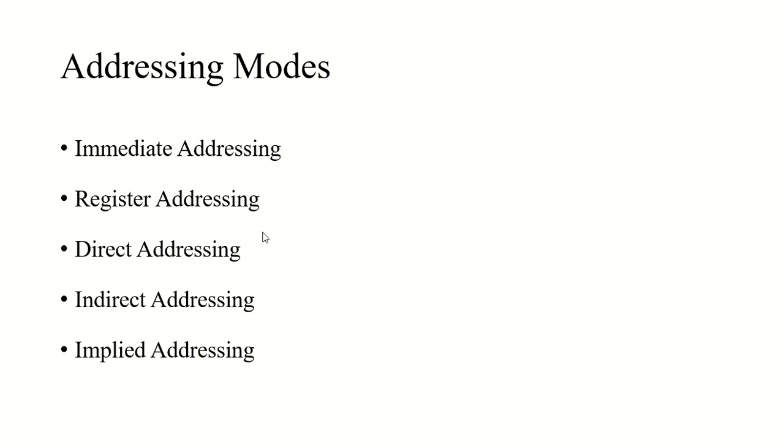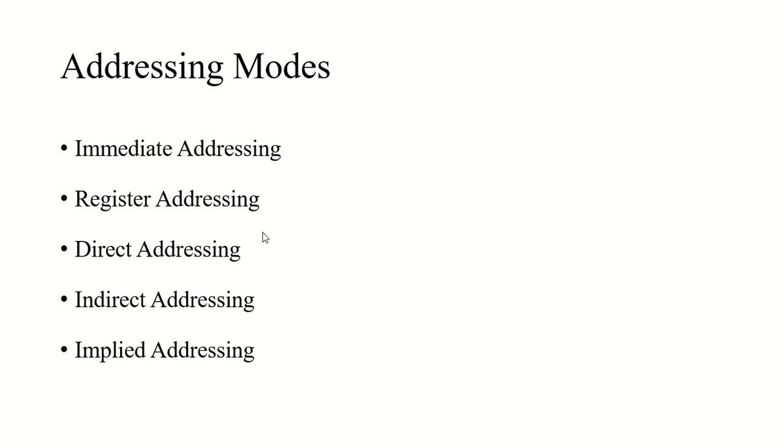Simple, like move D to B, or move D to C, or add A, like that. The move D to B instruction copies the content of register B to register D, and the source and the destination operands are both registers. Simple. We will learn about this in detail.